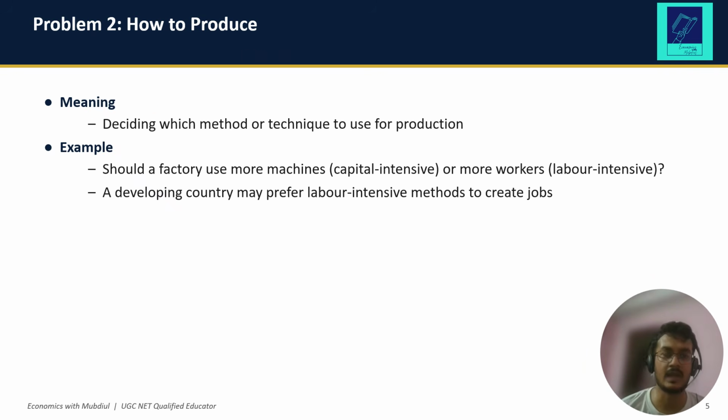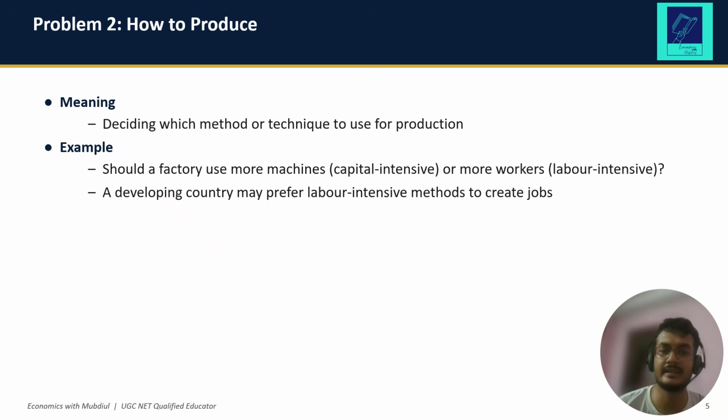But wait, our economy has finally decided what to produce. Problem solved? Not quite, because now another question appears. Suppose we have decided to produce something. How are we going to produce it? Using machines or workers?